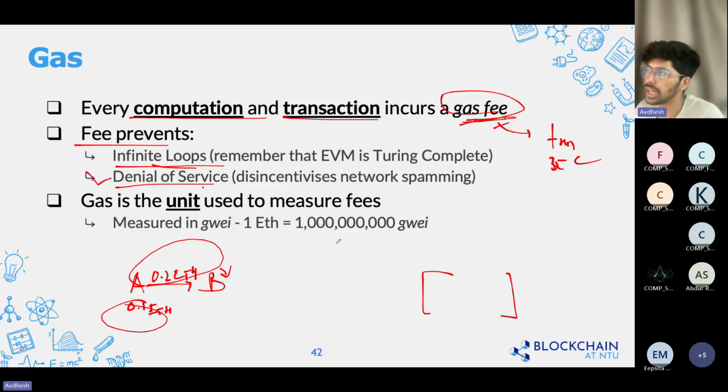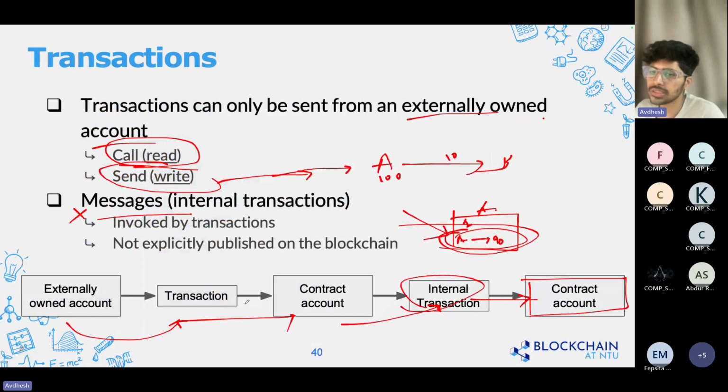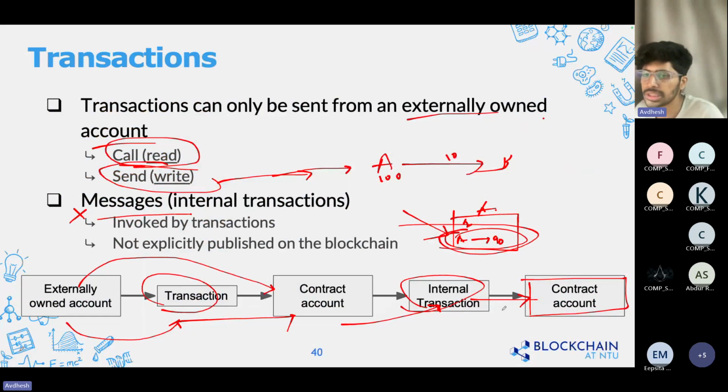One thing I would also like to note down is the concept of atomicity. What does atomicity mean? Since there are a lot of stages for a transaction, like the transaction happening from an EOA to a contract account, and then there are internal transactions as well, and all of these things are registered in a blockchain or an account, right?